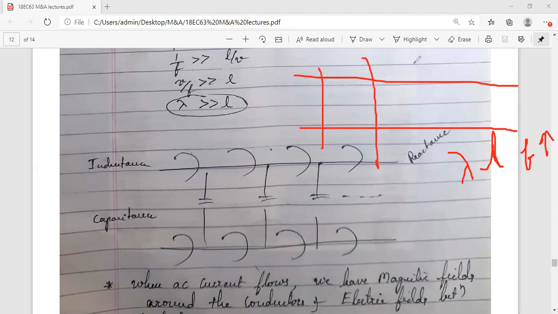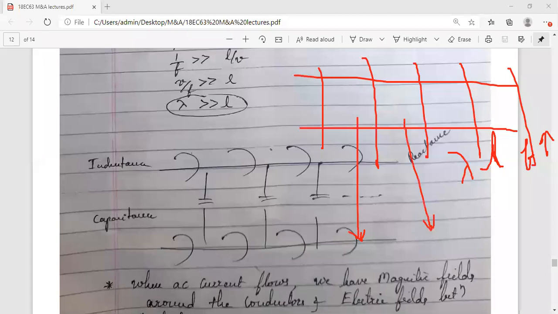So I will divide the circuit per unit length, and for each of these single parts I can go for analysis using KVL and KCL. I have to take one smaller part, and for this smaller part I can consider R, L, G and C. So I can redraw the circuit.